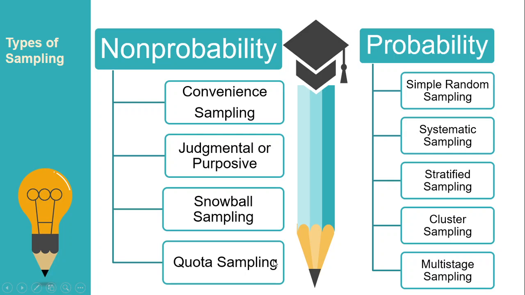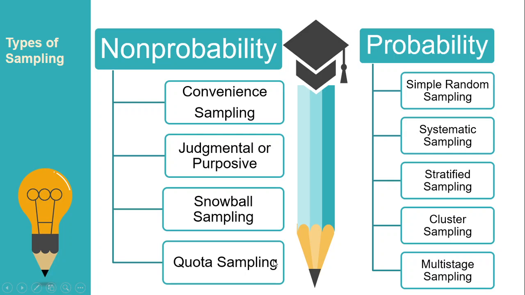Non-probability sampling has four types: convenience sampling, judgmental or purposive sampling, snowball sampling, and quota sampling. These are the four techniques that we use to conduct non-probability sampling.